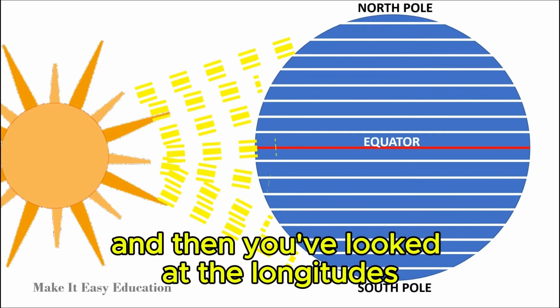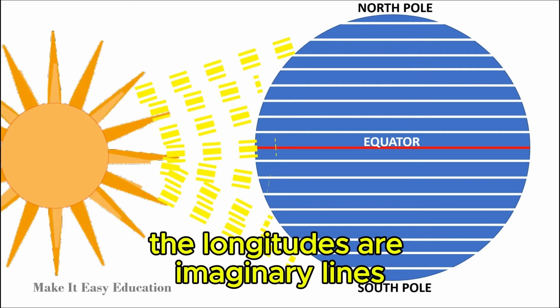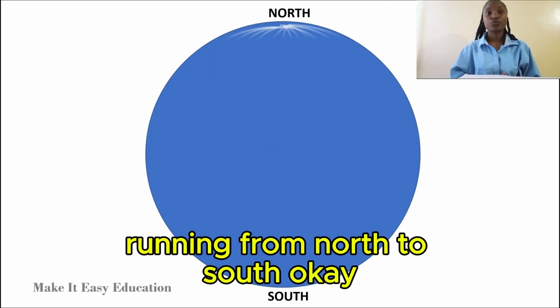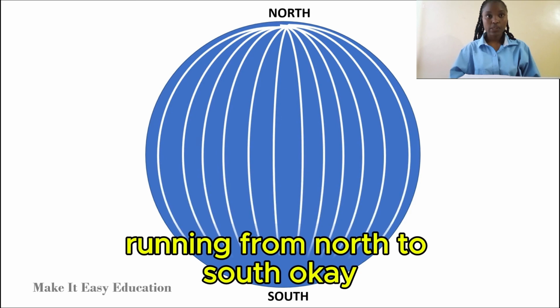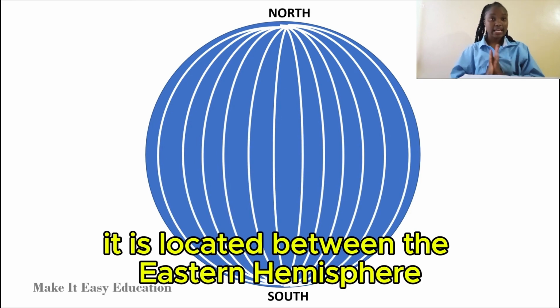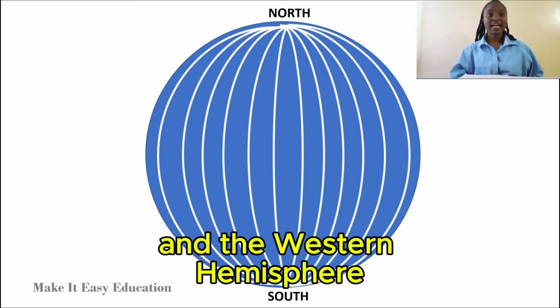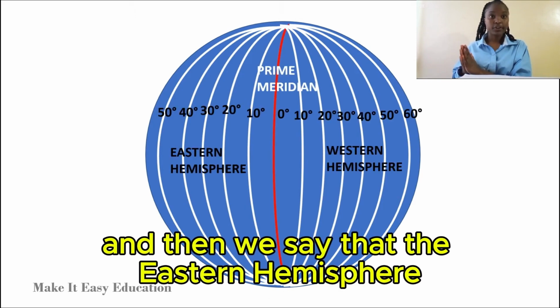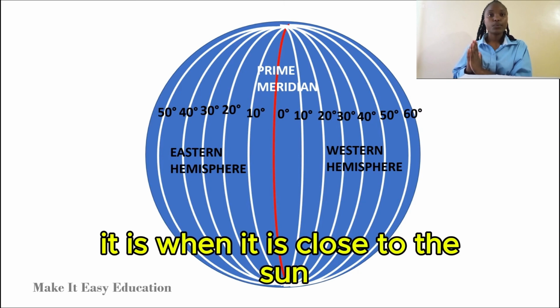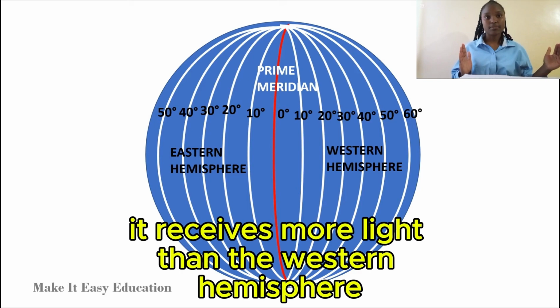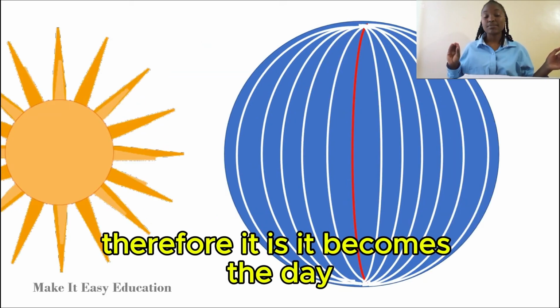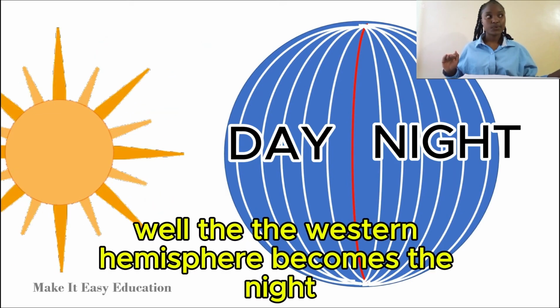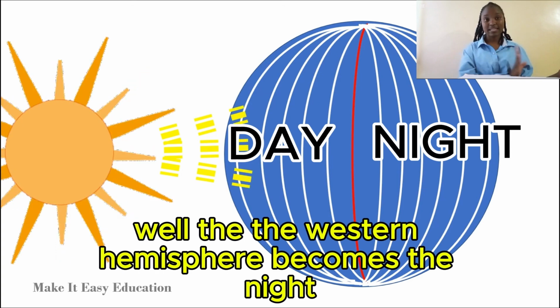Okay, and then we've looked at the longitudes. The longitudes are imaginary lines running from north to south. Okay, it is located between the eastern hemisphere and the western hemisphere. And then we say that when the eastern hemisphere is close to the sun, it receives more light than the western hemisphere, therefore it becomes day, while the western hemisphere becomes night.